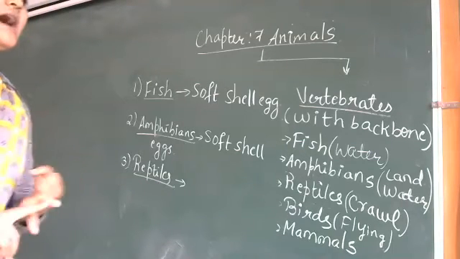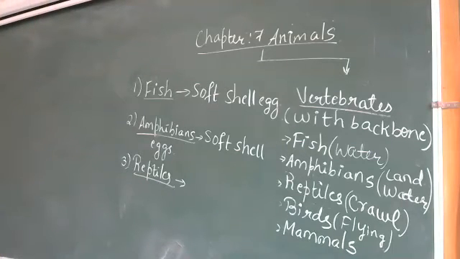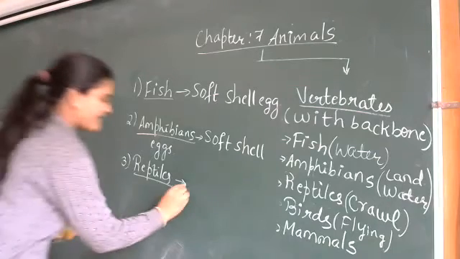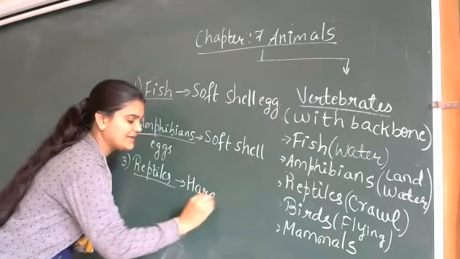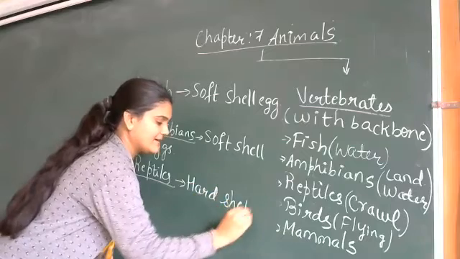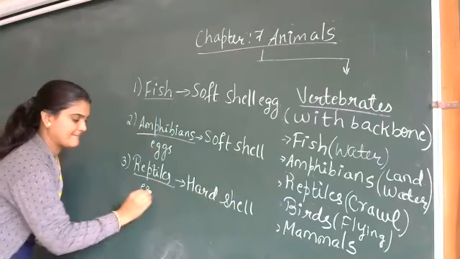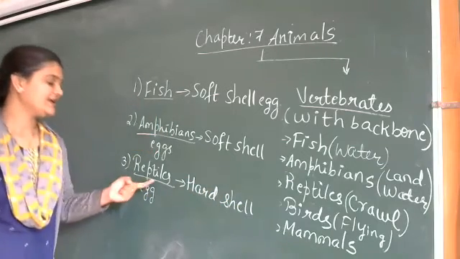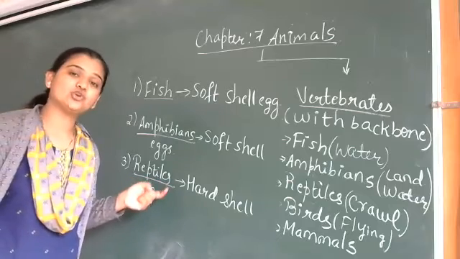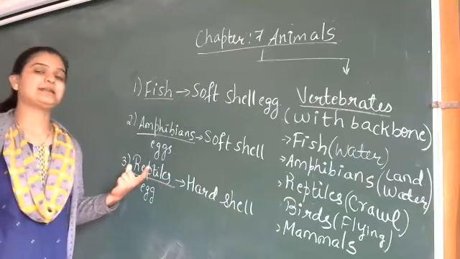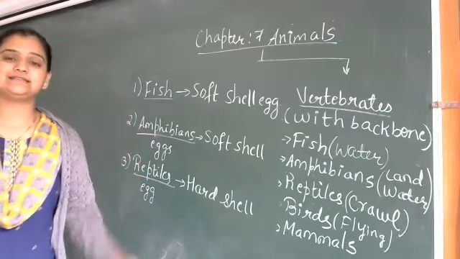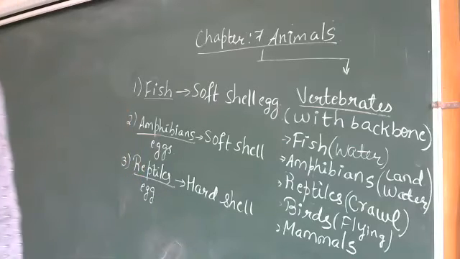Whether it is soft or hard? Hard. Yes, they have a hard shell. The ones which have the ability to crawl come under reptiles. Example is lizard. Next, snakes, crocodiles. These are the examples of reptiles.